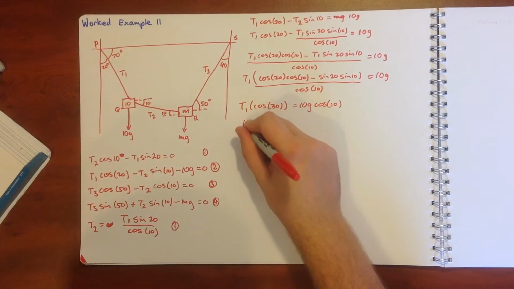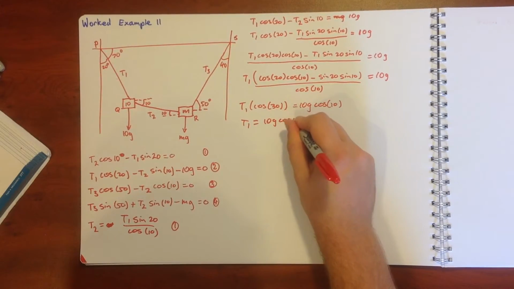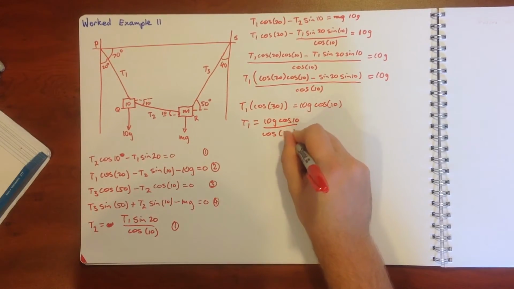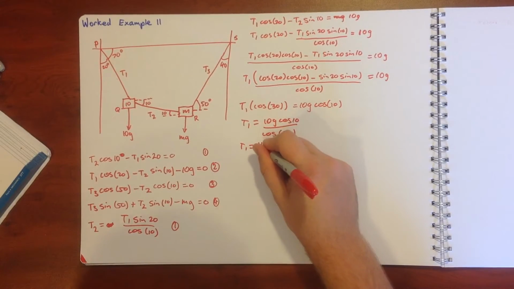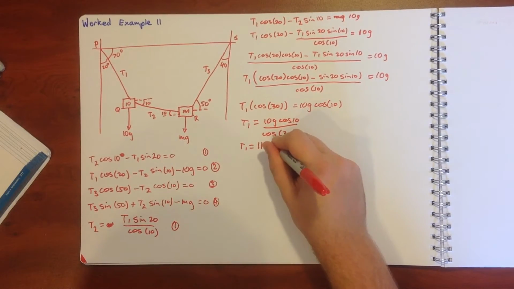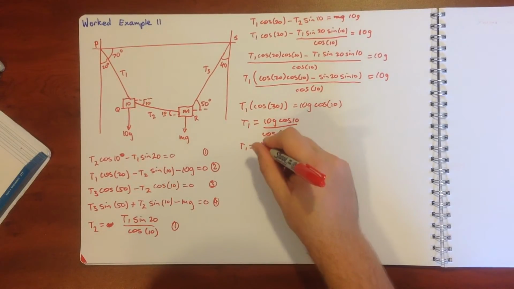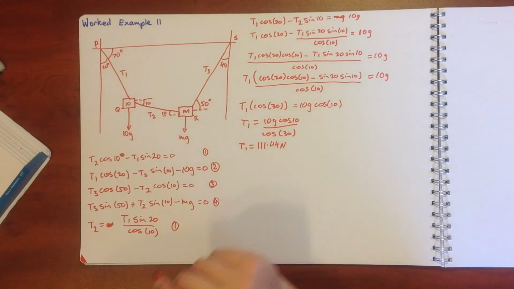Then T1 equals our 10g cos of 10 over our cos of 30. So T1 will equal 111.44 newtons. So we've got our T1. I know it took an awful lot to get there.